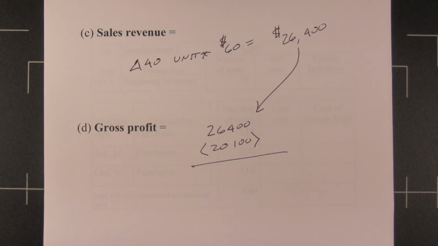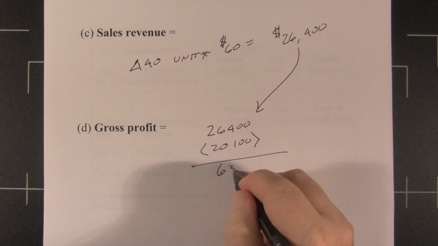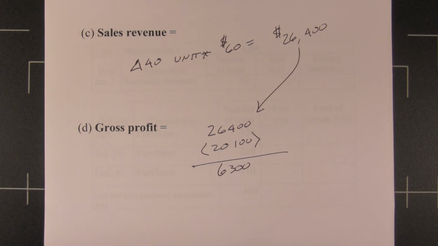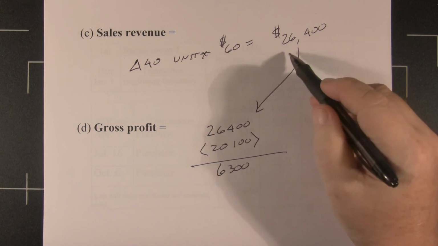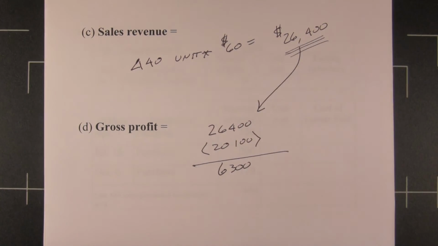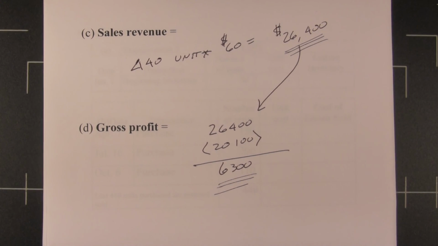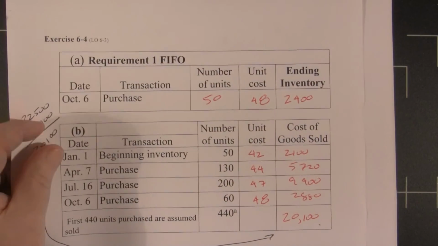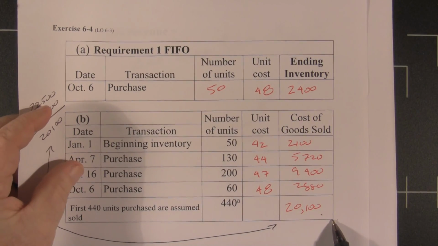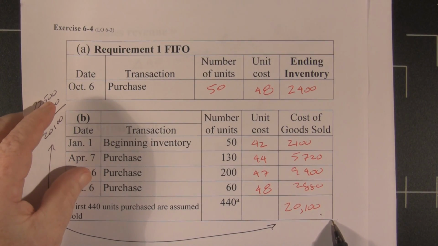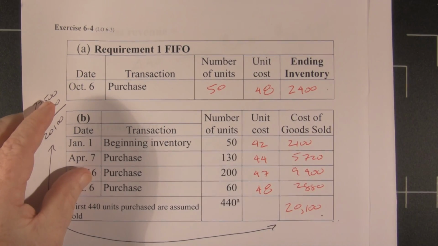So our gross profit in this case is $6,300. Revenue will stay the same: LIFO, FIFO, weighted average. Gross profit will vary: LIFO, FIFO, weighted average. Cost of goods sold will vary: LIFO, FIFO, weighted average. And ending inventory will vary: LIFO, FIFO, and weighted average.